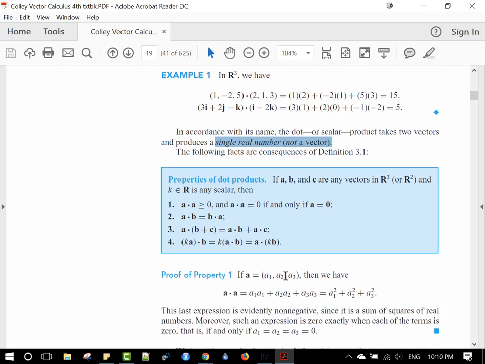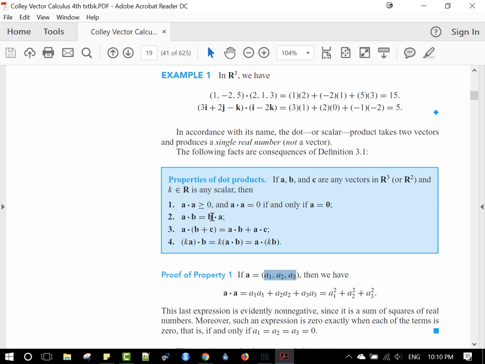If you take A dot A, you're taking A1 times A1, A2 times A2, A3 times A3, that's A1 squared plus A2 squared plus A3 squared. This sum is never going to be negative. So we proved that this is true. And also the only time A dot A is equal to 0 is if all these terms are 0, so that means that A itself is the 0 vector.